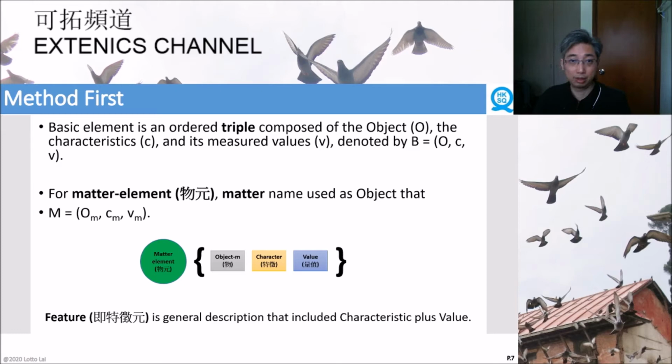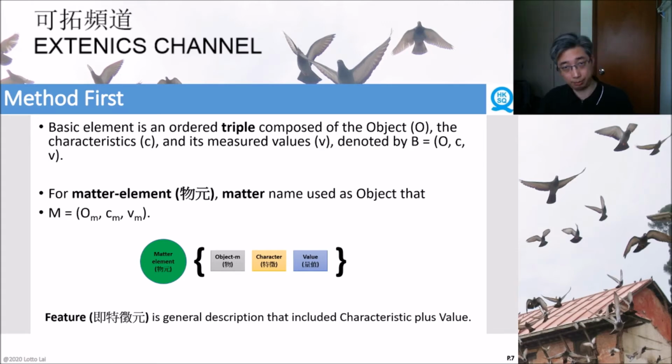So now I explain how to establish Extenics models and describe the problem in the model first. The basic element is an ordered triple composed of object, characteristic, and its measured value, denoted by B = (O, C, V). It is a little like writing a program. You have an object-oriented program, and you separate your characteristic and object.